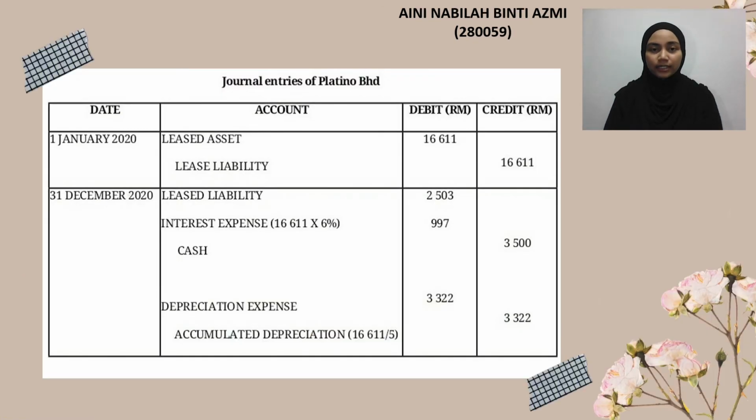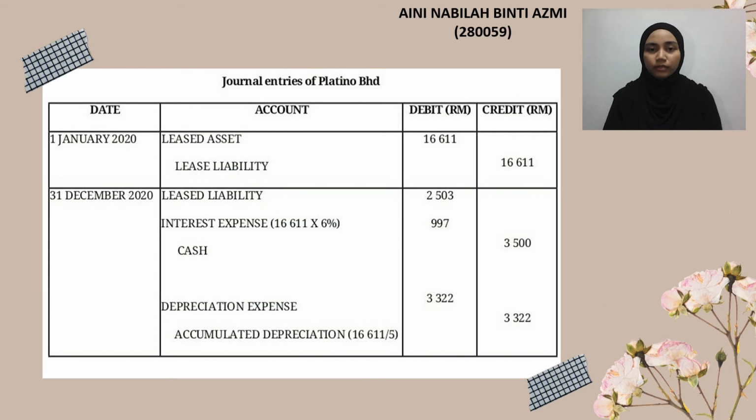Next, for the last step, the journal entry for Platino Berhad was made. As you can see in the table, the first date was 1 January 2020, and the debit was lease asset and credit lease liability, as asset and liability increase during this leasing transaction.